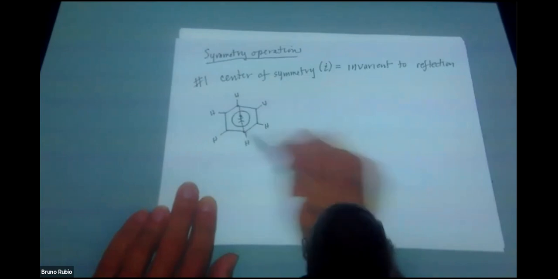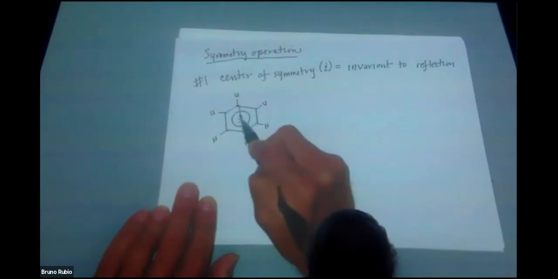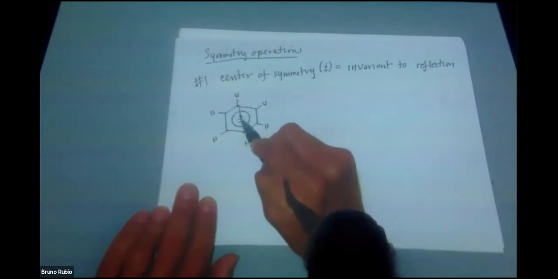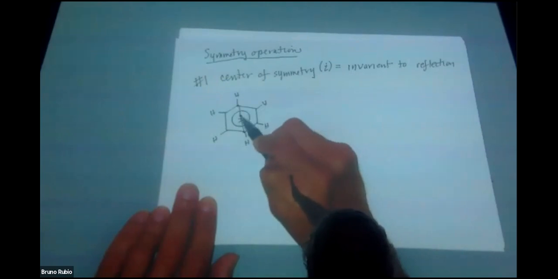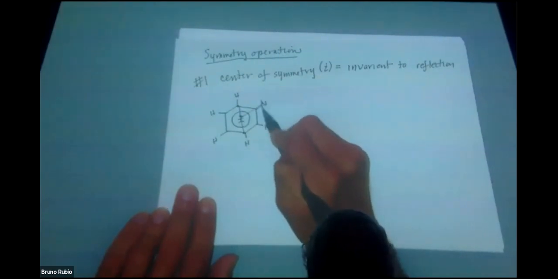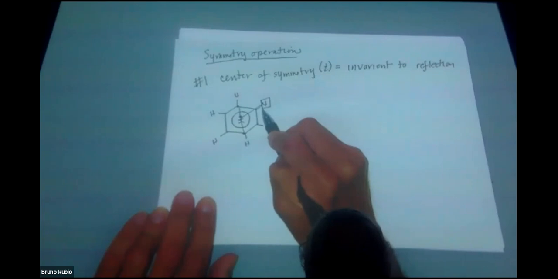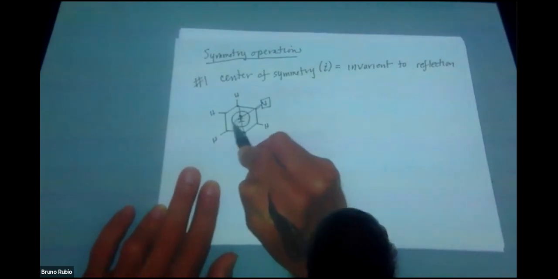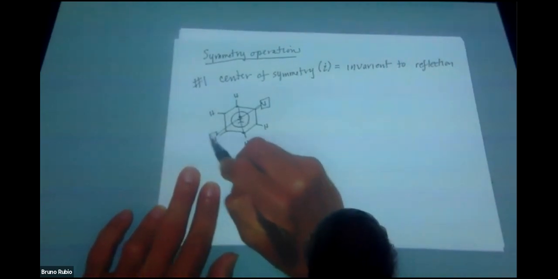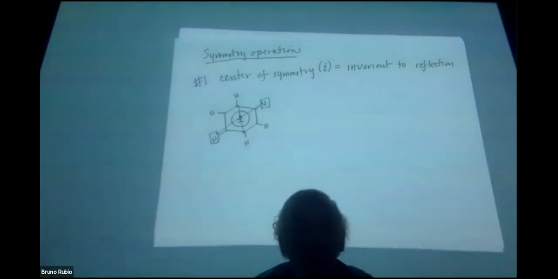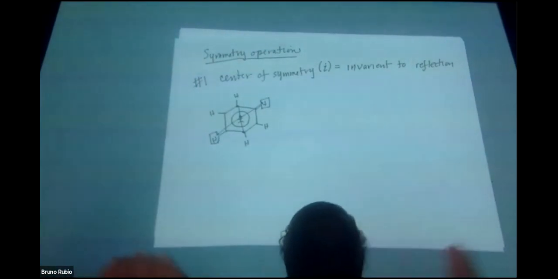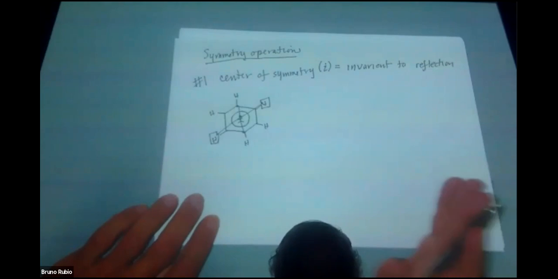I hit a carbon atom. Okay, I'm standing here at the center of the molecule. I'm going to look toward 2 o'clock, and now I'm hitting a hydrogen. Now I'm going to look in the exact opposite direction, same distance. I hit a hydrogen. Okay, so things are looking pretty good right now.